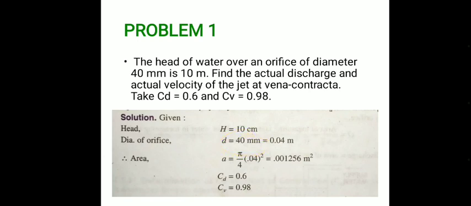Converting it into meters gives 0.04 meter. Then the area of the orifice is given by A is equal to pi by 4 into d square, where d is the diameter of the orifice, 0.04.